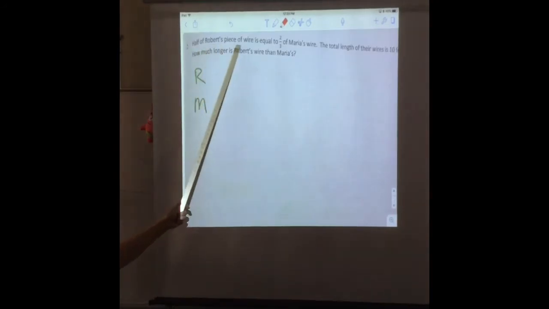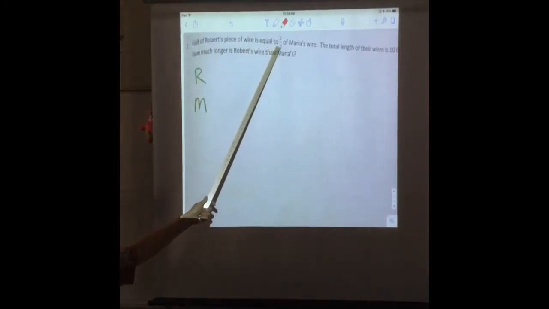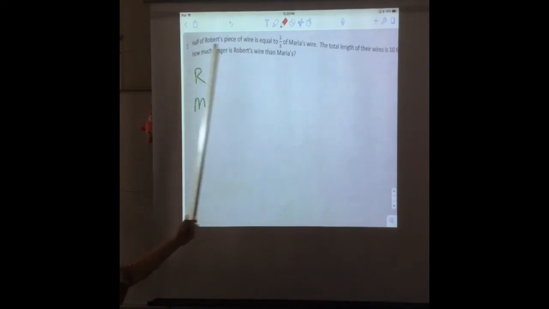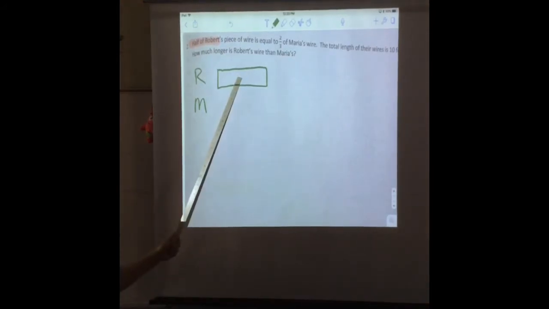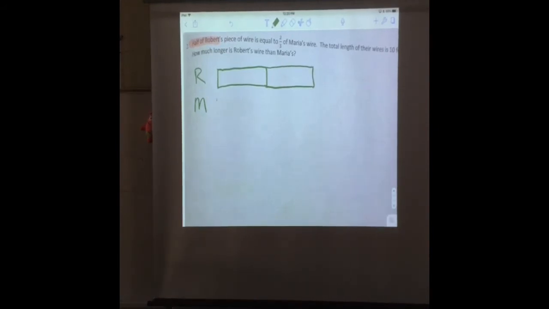Half of Robert's piece of wire is equal to 2/3 of Maria's. Half of Robert's wire. So I'm going to make Robert's wire. I'm going to call this half. Okay? So I'm going to draw another piece just like it. And then Maria's wire.